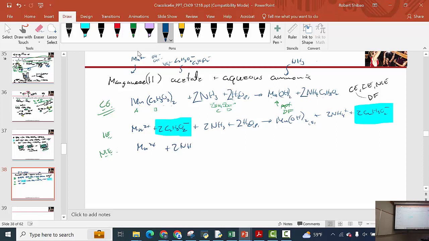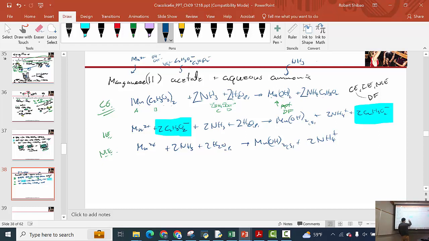Mn2 plus, 2 ammonias, plus 2 waters yields Mn(OH)2 solid plus 2 ammoniums. The ammoniums are not spectators because ammonia and ammonium are 2 different things. This is balanced. Even though the acetates are still there, that's going to charge balance.